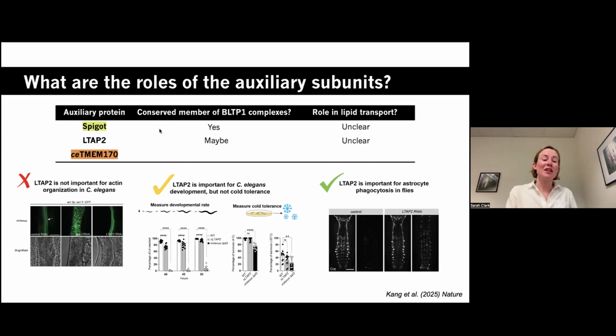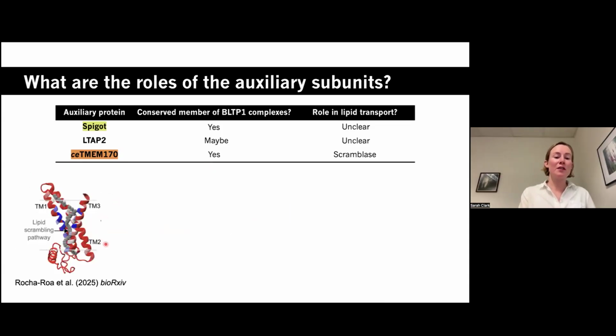But the C. elegans ortholog of TMEM170 is the one that we have the best idea of what's going on here. So the Vani and Conaber groups, in this preprint that's currently on bioRxiv, showed that TMEM170 is a scramblase, and it is a conserved member of BLTP1 complexes.